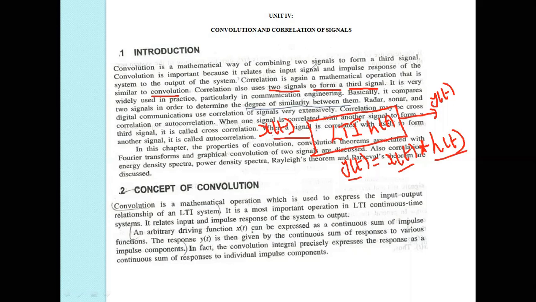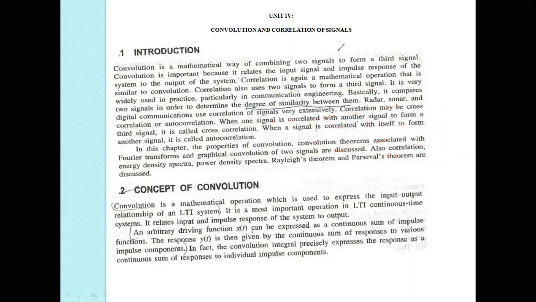Correlation may be cross correlation or autocorrelation. What are the different types of correlation? Autocorrelation and cross correlation. Autocorrelation is comparing the same signal, represented as R x of tau.